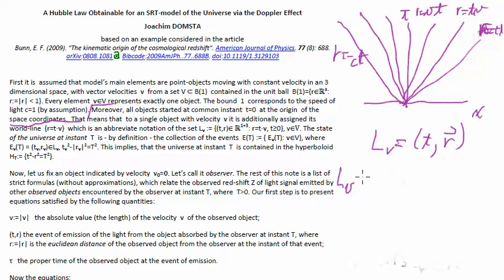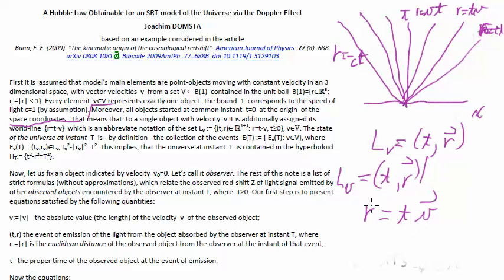L sub v is the locus of points (t, r) such that r equals tv, and v is a vector, t is a scalar, because t is in R1 and r is in R3.